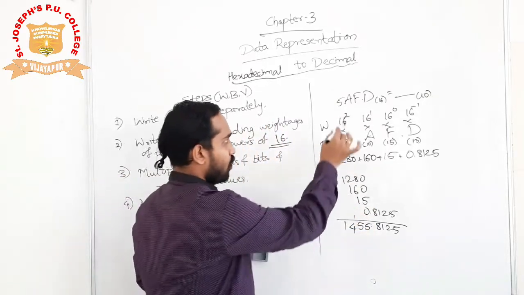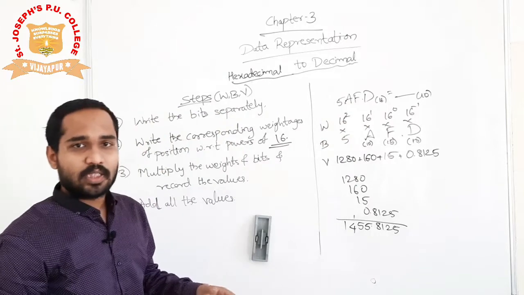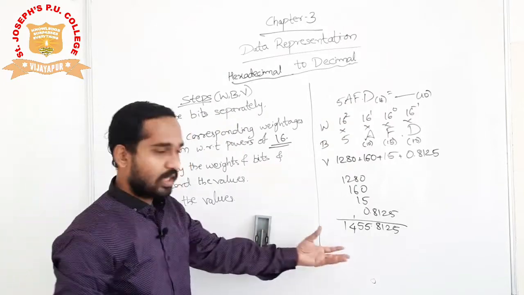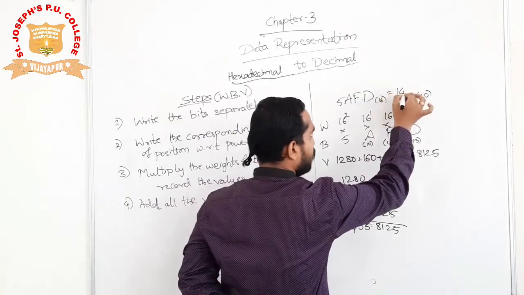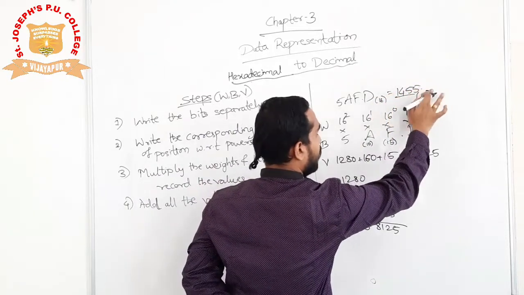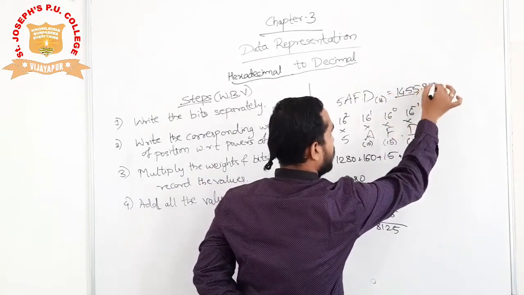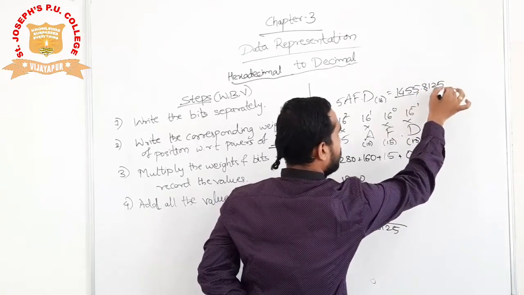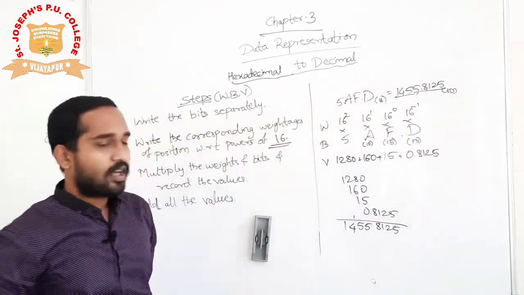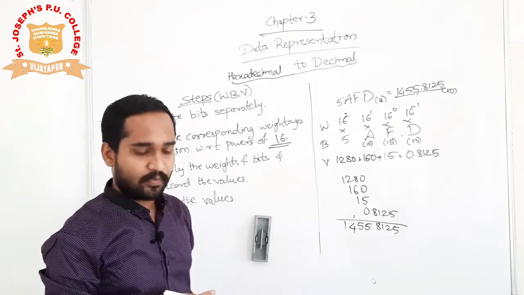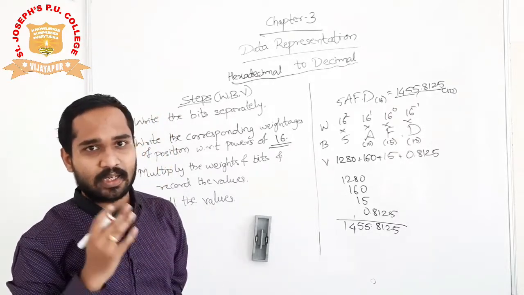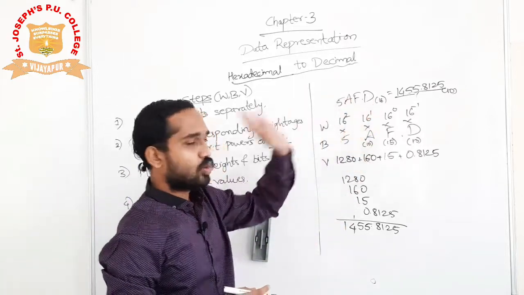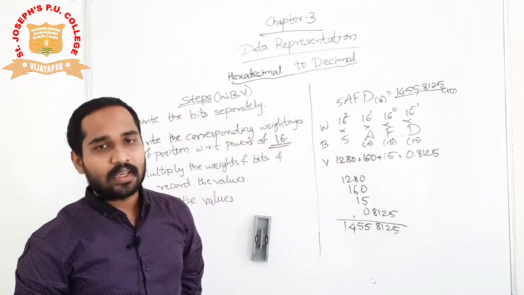So 5AF.D in hexadecimal is 1455.8125 in decimal. Okay, 1455.8125 is the actual decimal number that is equivalent to 5AF.D in hexadecimal.